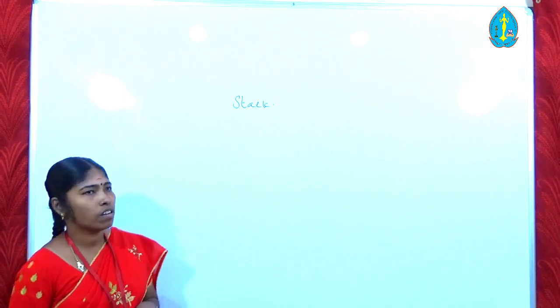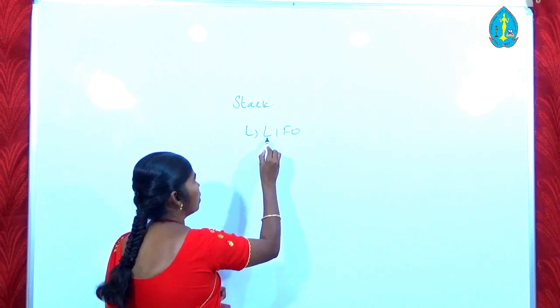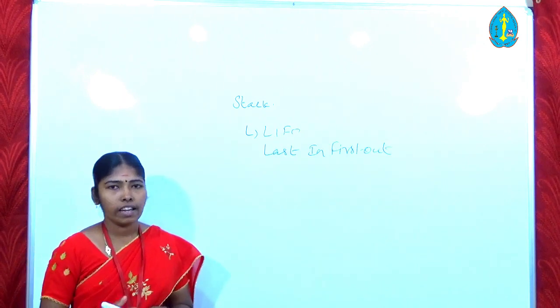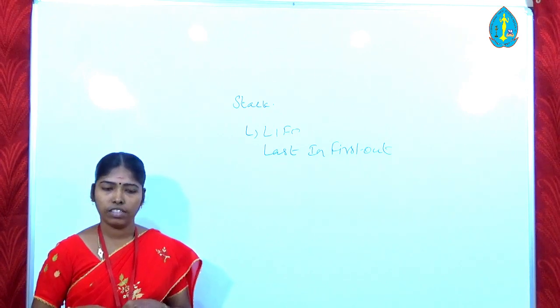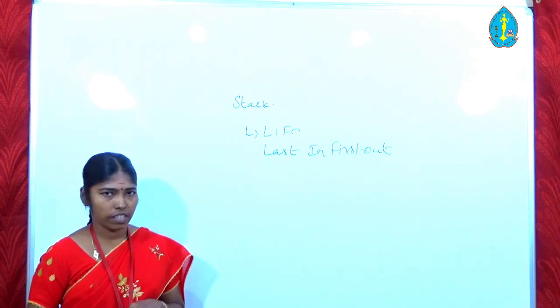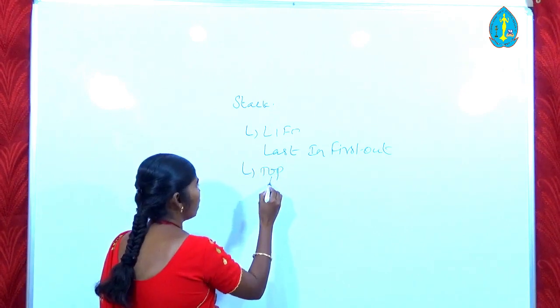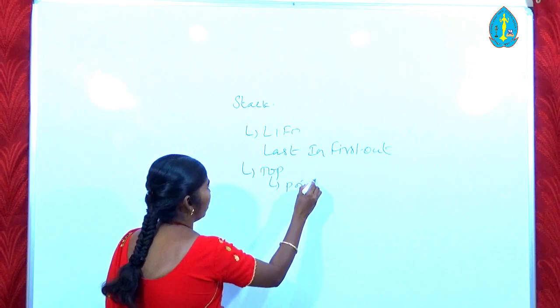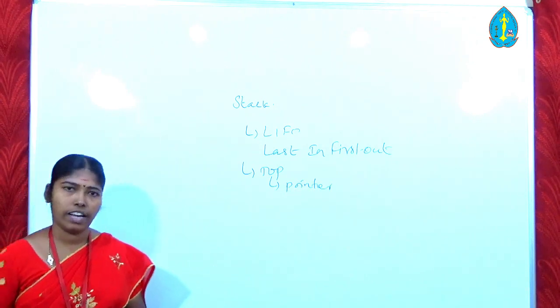It follows the concept LIFO, last in first out. A stack is a linear list of items in which all additions and deletions are restricted to one end, called the top. The top is a pointer. It is used for storing as well as deleting an item from that stack.